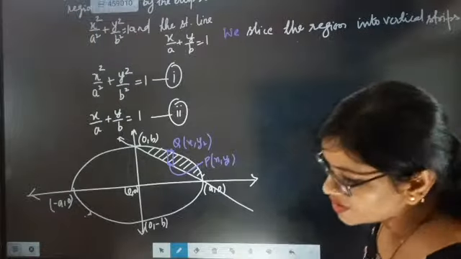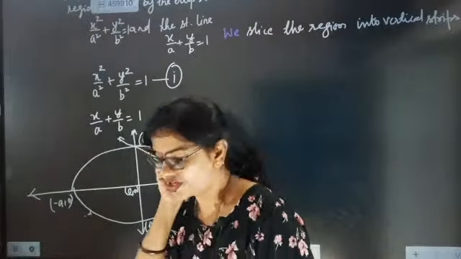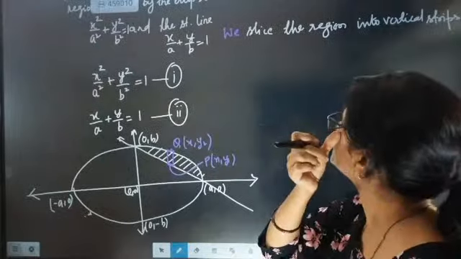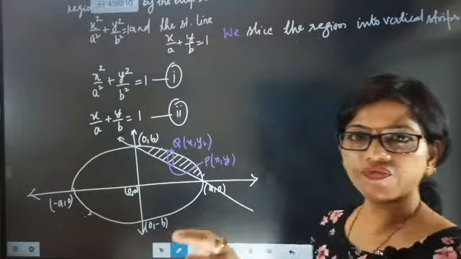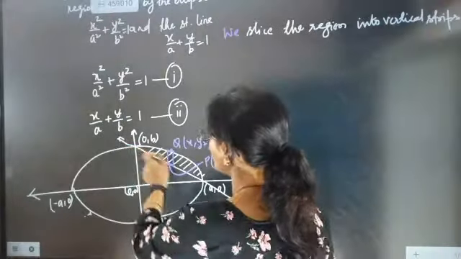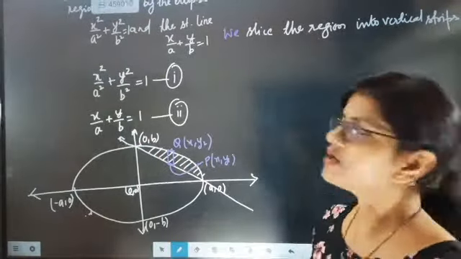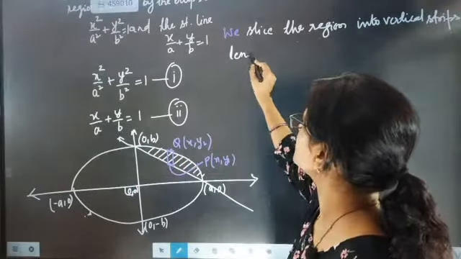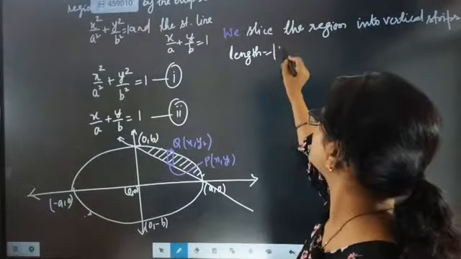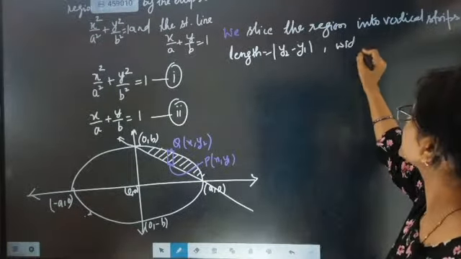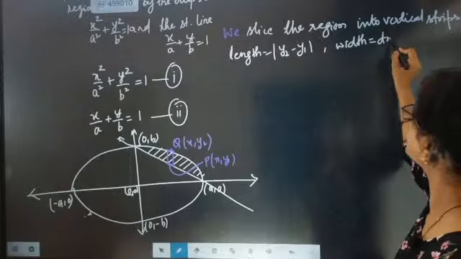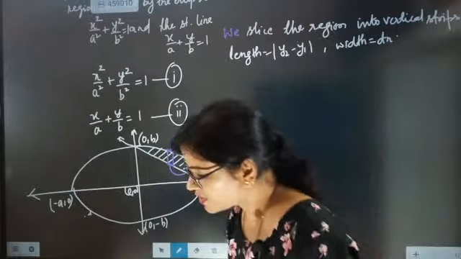After slicing the region into vertical strips, the rectangle shown in the figure can move from this point to this point. So length will be modulus of y2 minus y1, and width will be dx.